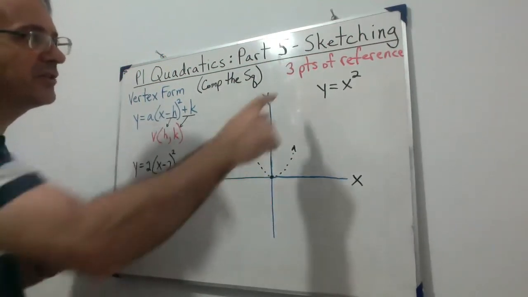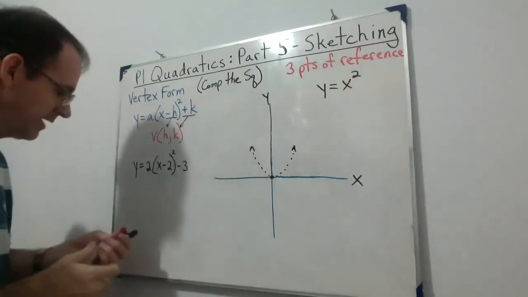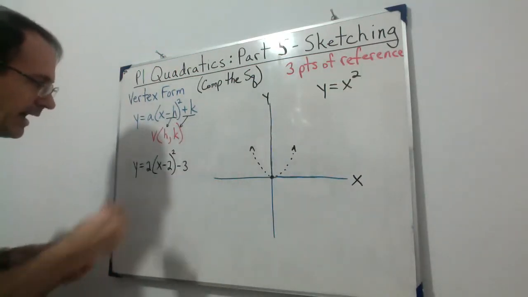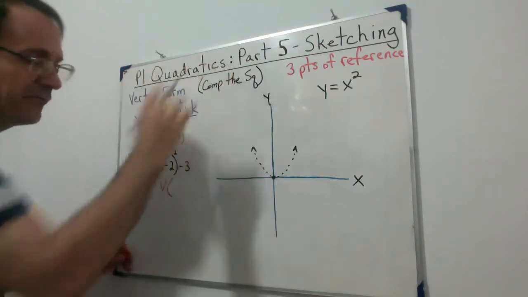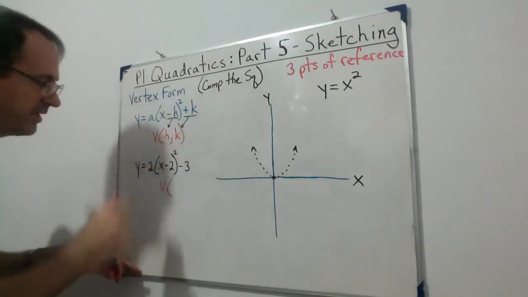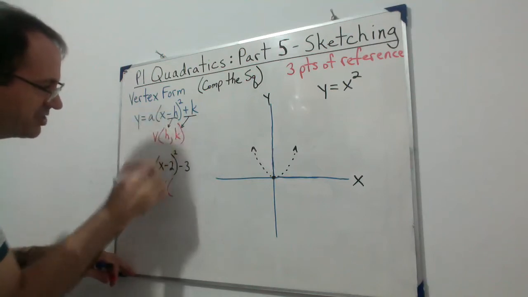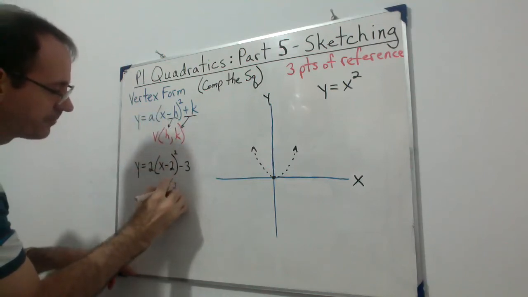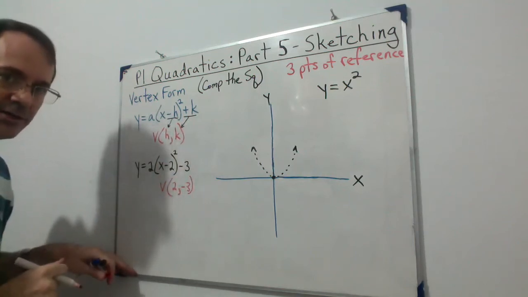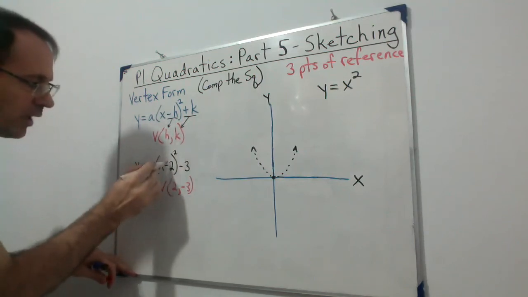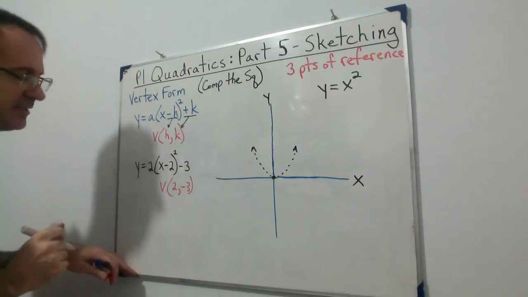What you want to focus on are your 3 points of reference. And right away, we have one of those points just by looking at the form. It's vertex form. So remember, we change the h and we keep the k value. We change the one that's attached to the x.